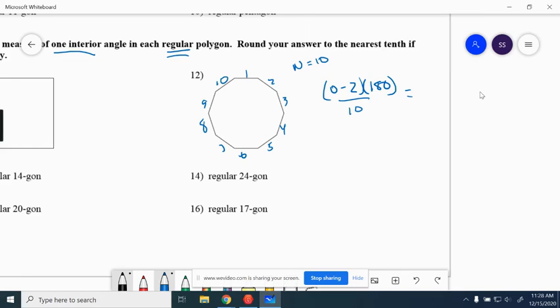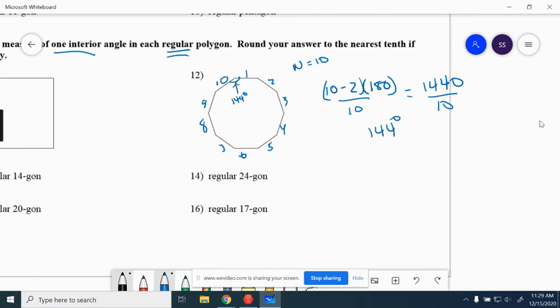And so what we get is, 10 minus 2 is 8. 8 times 180 is 1440. Divided by 10, we get 144. Okay, so that means that each one of these angles is equal to 144 degrees.